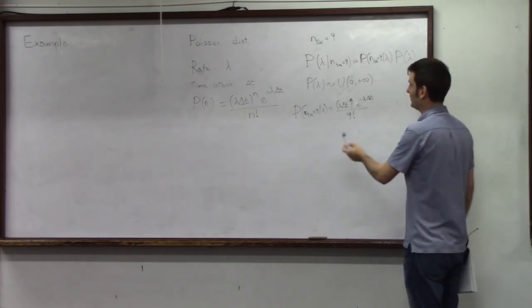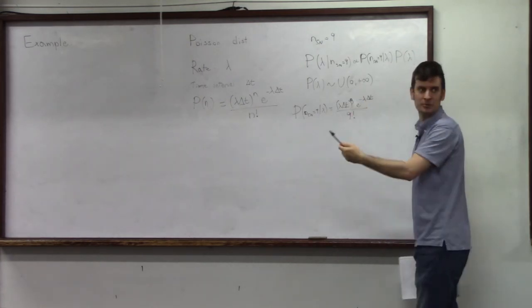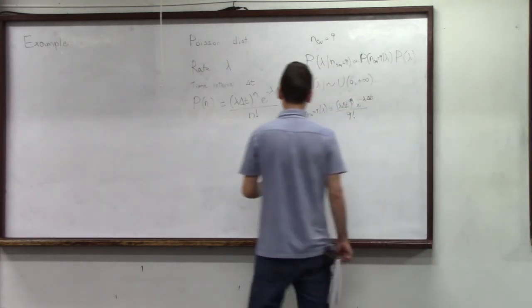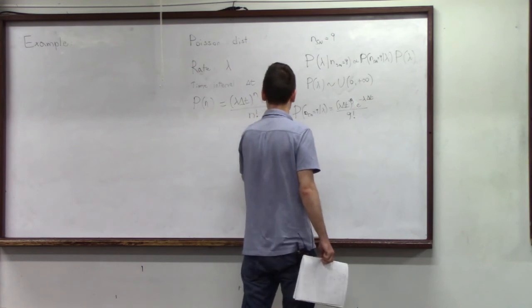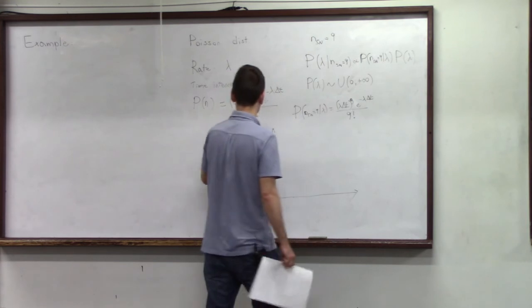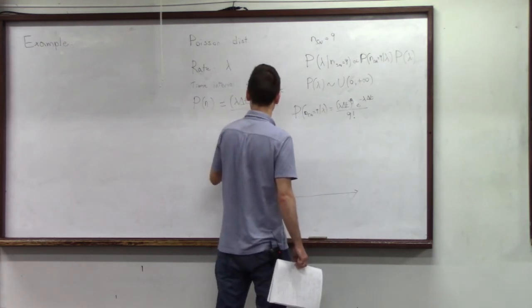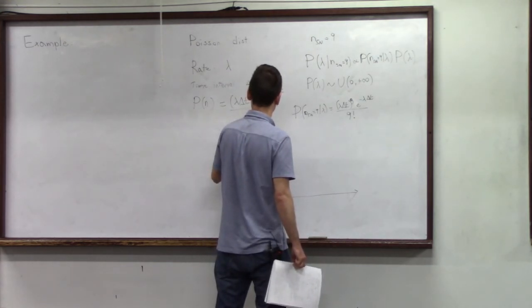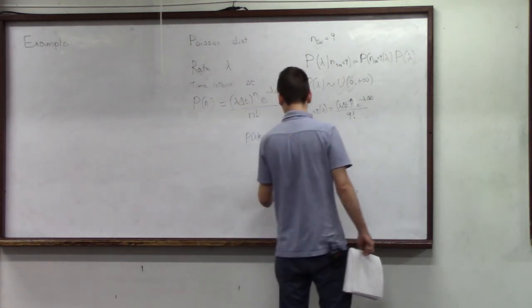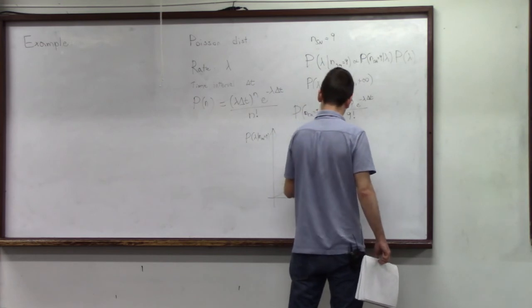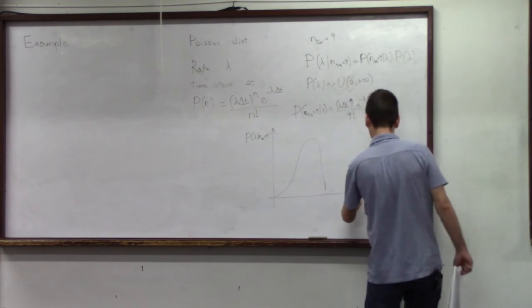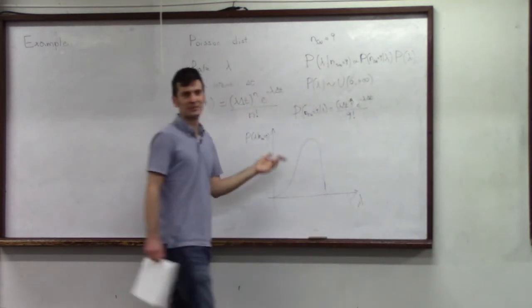And then, since we're multiplying this by a flat distribution, this is also the posterior in the end. It's going to be something like this.